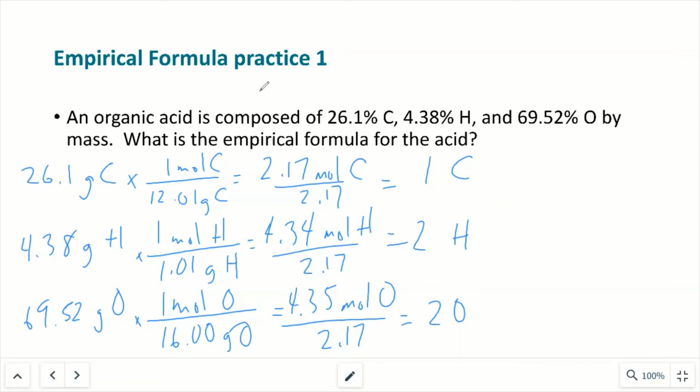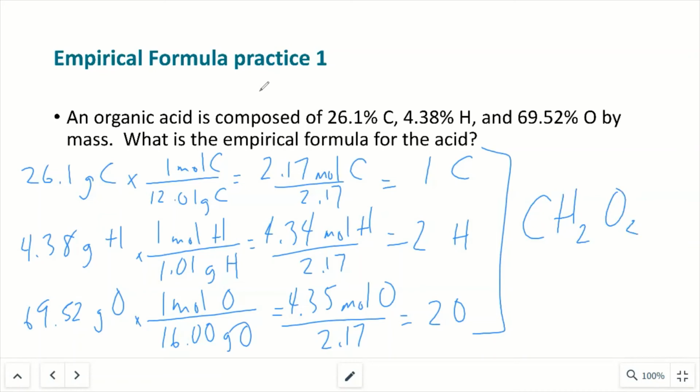All the numbers came out as whole numbers this time, so I don't have to do any of that fractioning multiplying stuff. The empirical formula is just this ratio: 1 carbon, 2 hydrogens, 2 oxygens.